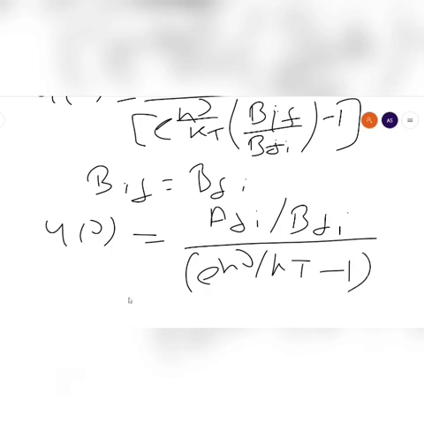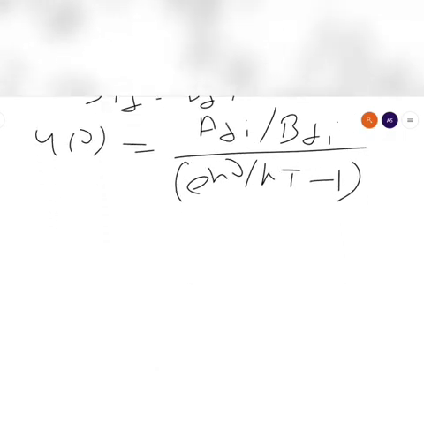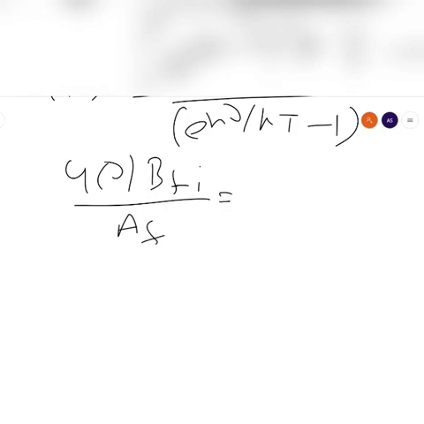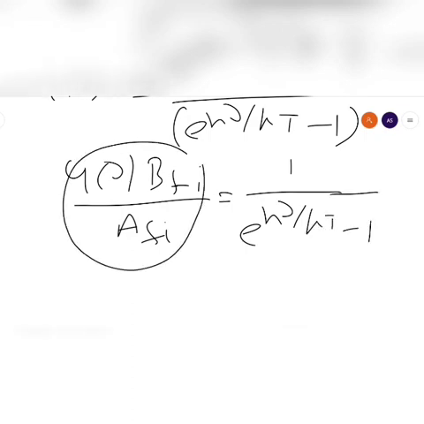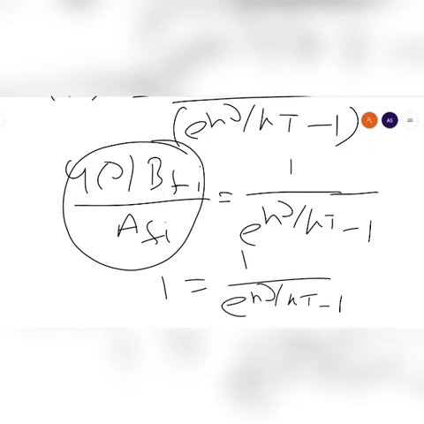And to rearrange this equation, you can write u(nu) B_fi divided by A_fi is 1 upon e to the power h nu by kT minus 1. This is the ratio of stimulated emission rate divided by the spontaneous emission rate. It means that when these two rates are equal, 1 upon e to the power h nu by kT minus 1 equals 1.